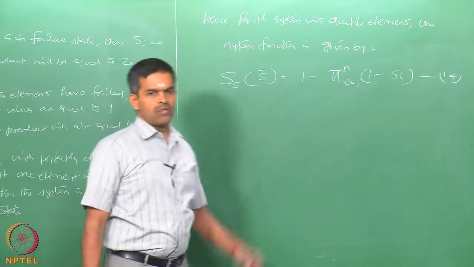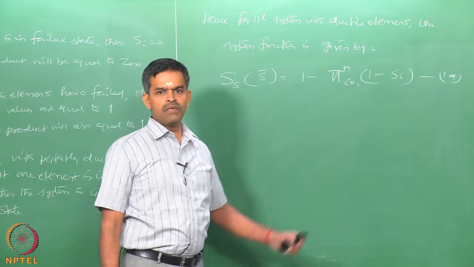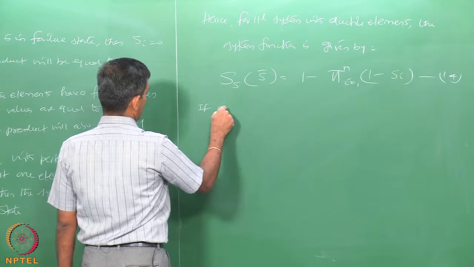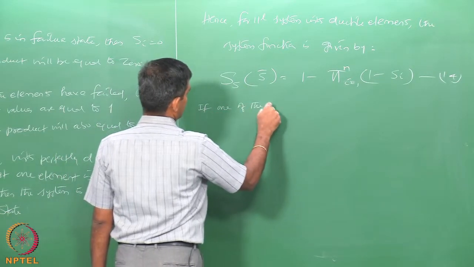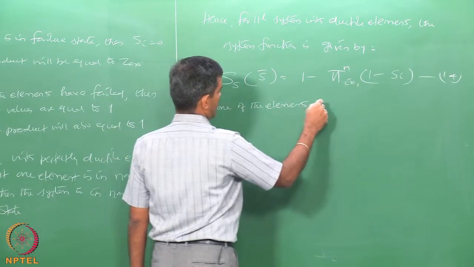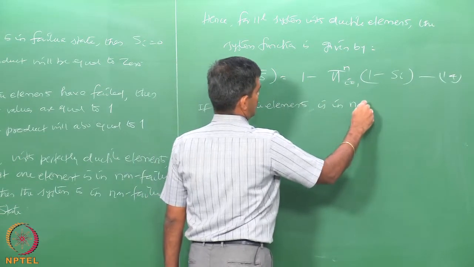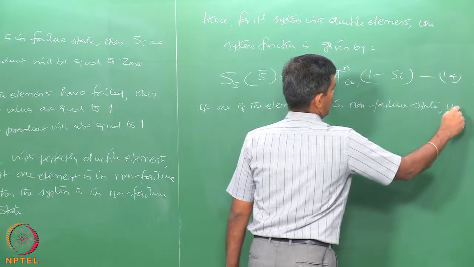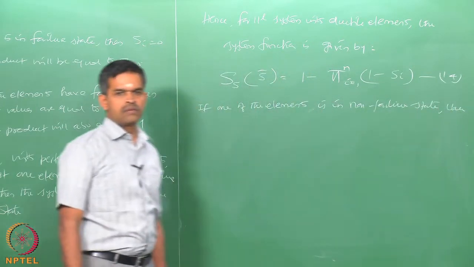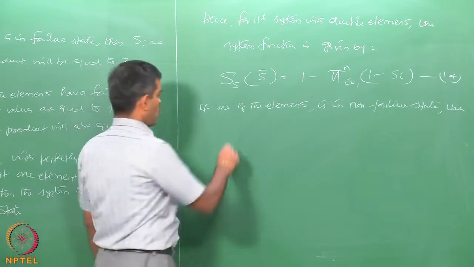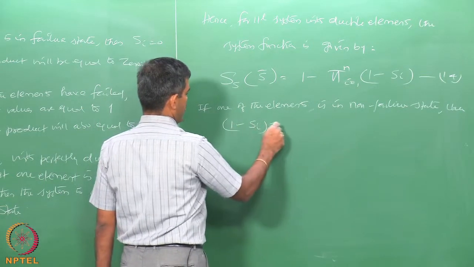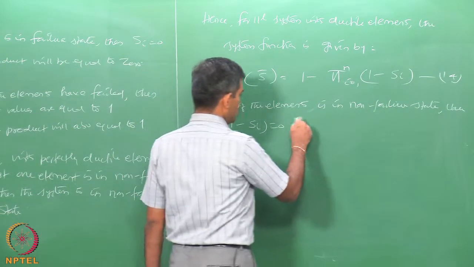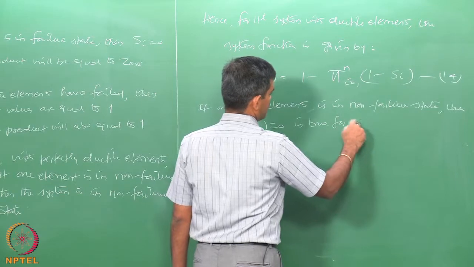Therefore, looking at equation 14, one can say that if one of the elements is in non-failure state, then 1 minus Si will be 0, which is true for that element.